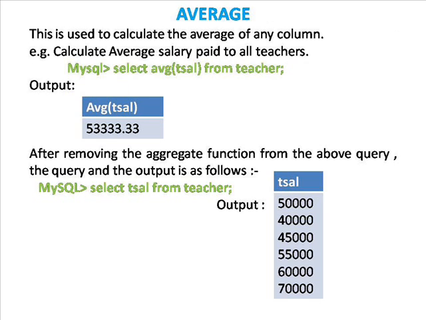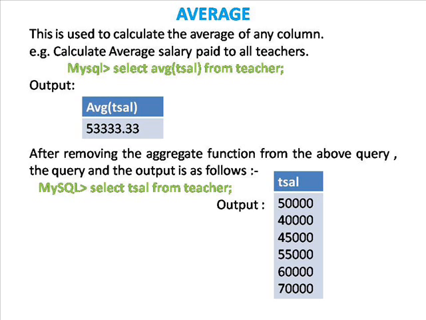The next in line is average. As the name suggests, average is used to calculate the average of any column. Say for example, I want to calculate the average salary paid to all teachers. So the query is like this: select AVG in brackets TSAL from teacher. The output displayed will be as given below.